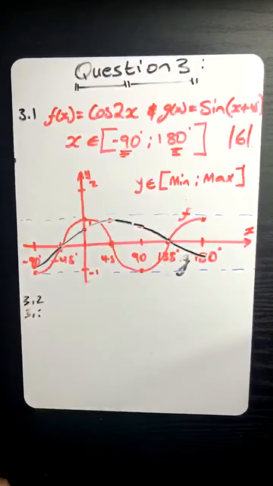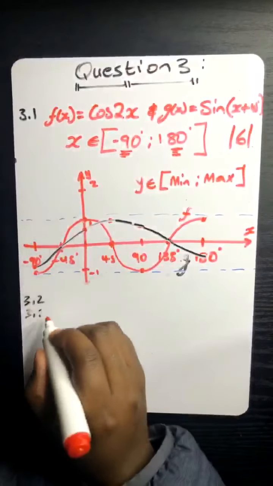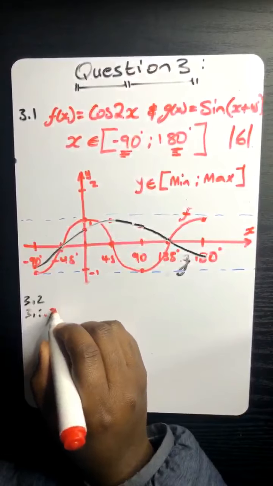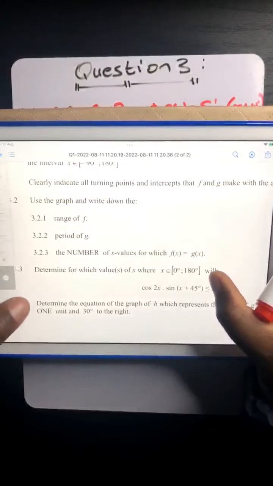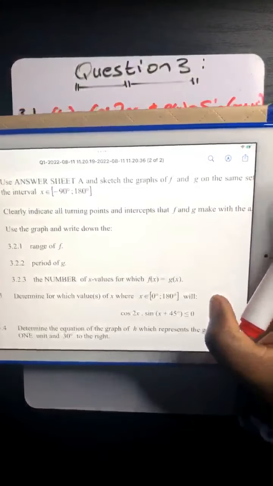So now let's see where we are. We are now on 3.2.3. I want you guys to notice something. I think we did this question. Can someone just confirm? Remember, they said use the graph and write down the following. You don't need to calculate anything here. You just look at the graph and then write down.